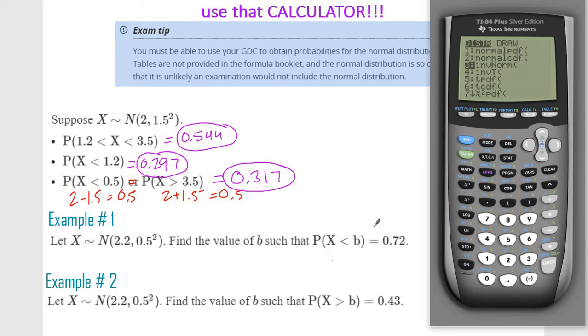We don't know what the interval is, but we know what the area is. So the area is 0.72. The mean is 2.2, and our standard deviation is 0.5. So let's find that.